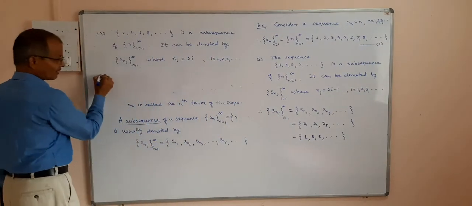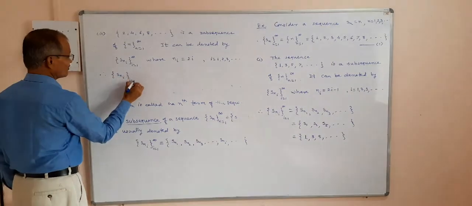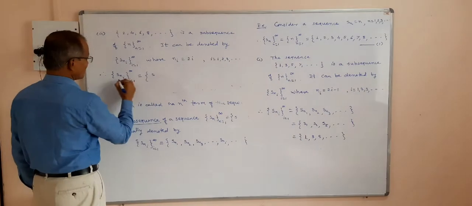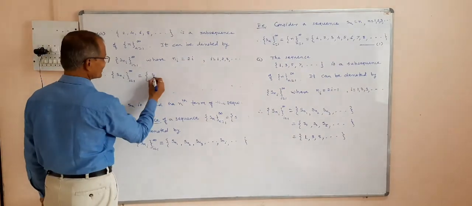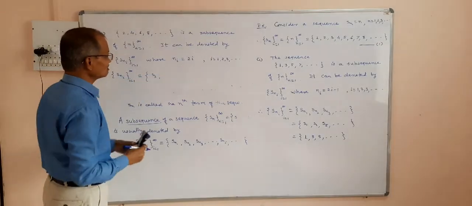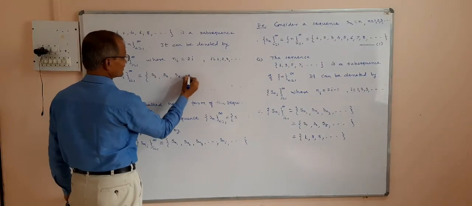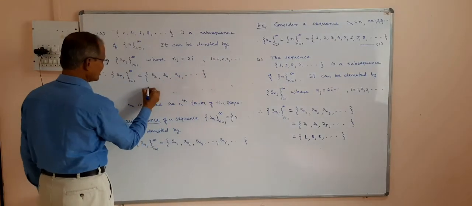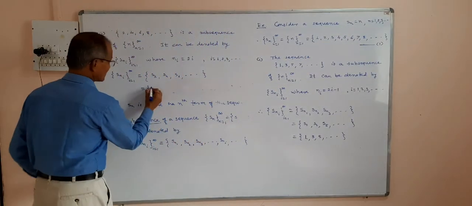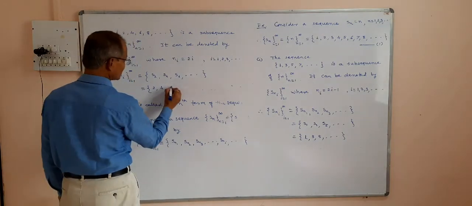And therefore we will have S_{n_i}, i from 1 to infinity. For i equal to 1, it is S2; putting i as 2, that is S4; next, i is 3, S6, and so on. S2 means the second term of the original sequence, that is 2; S4 means the fourth term, 4; and 6.